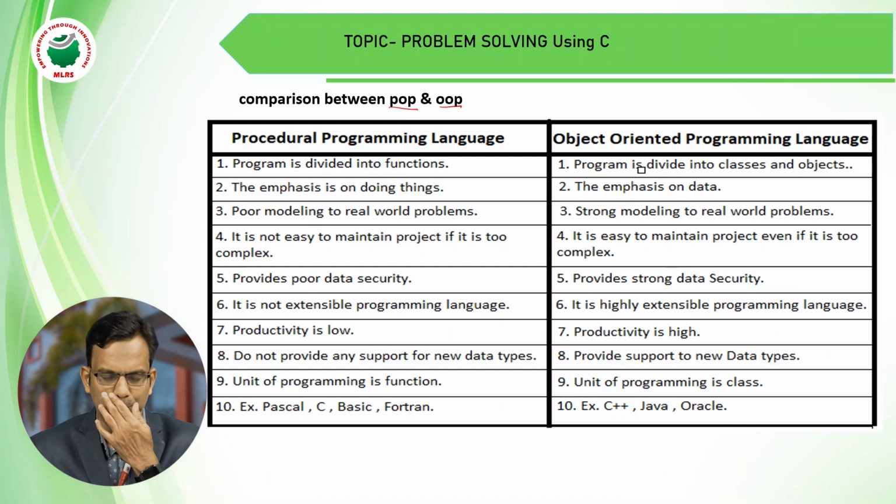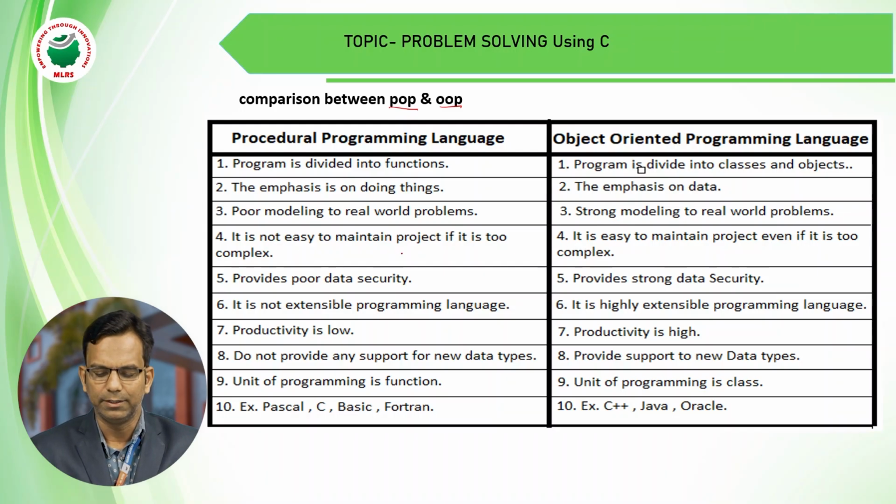Procedure oriented programming has the emphasis on doing things, whereas the object oriented system focuses purely on program data. Third point, poor modeling for real world applications, whereas here there is strong modeling for real world applications.